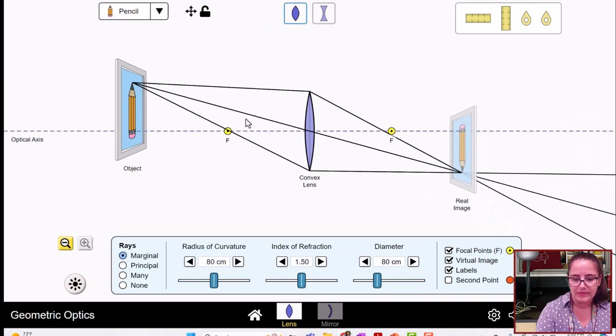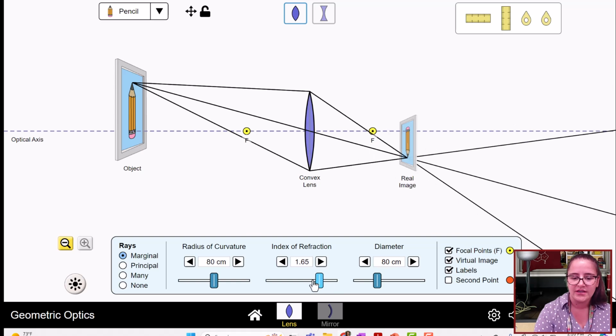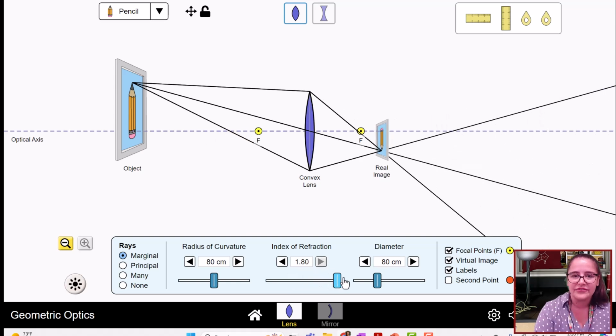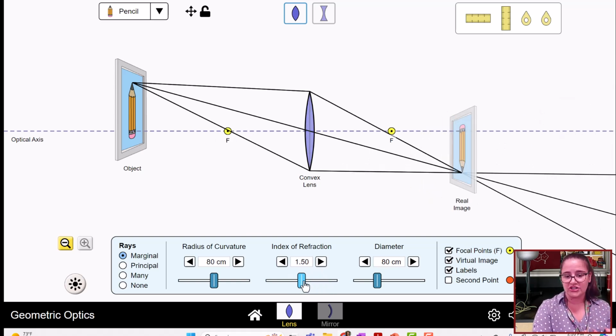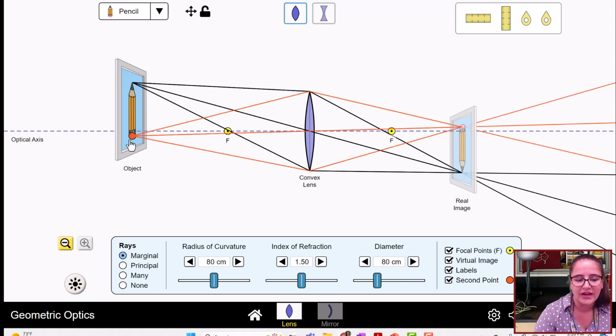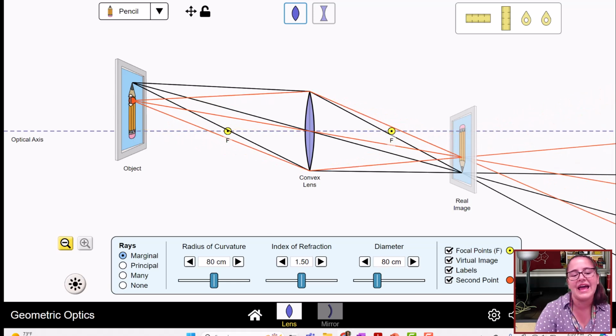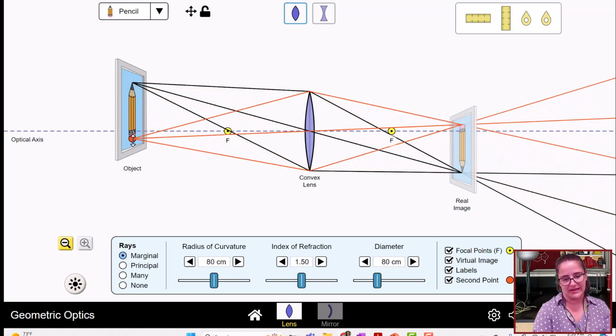So this is the geometric optics PhET simulation. We have our lens here. We can control its index of refraction, okay? When you have a higher index of refraction, that's going to diverge or converge the rays more. It's going to change the direction more. Okay, and we can see that these rays go through and converge to form that point. If I added a second point here, we know that this is happening along every part of the image, okay?